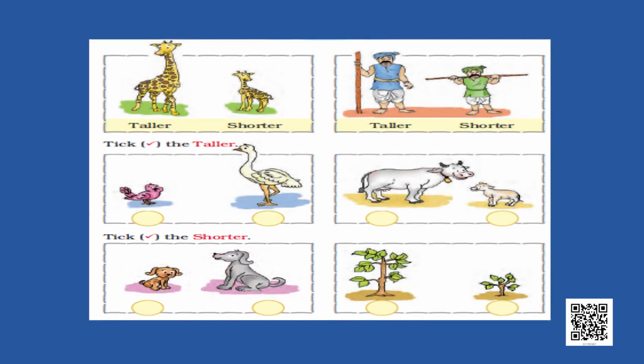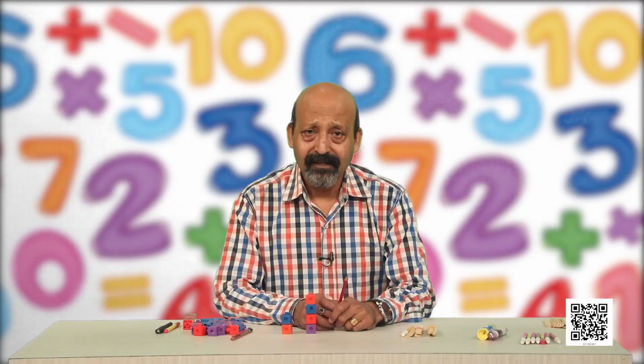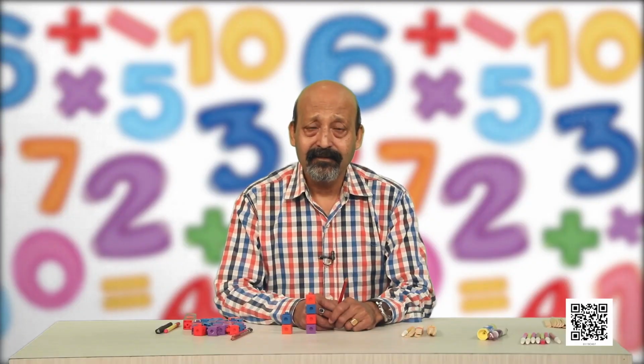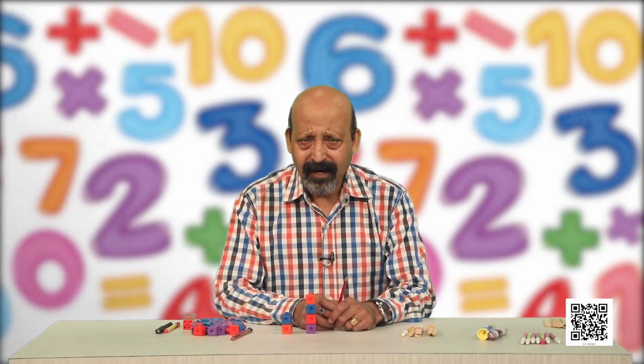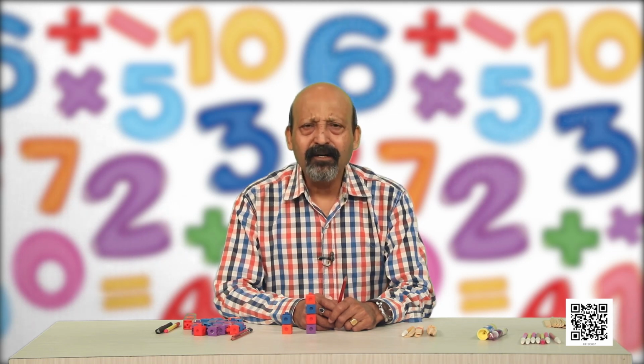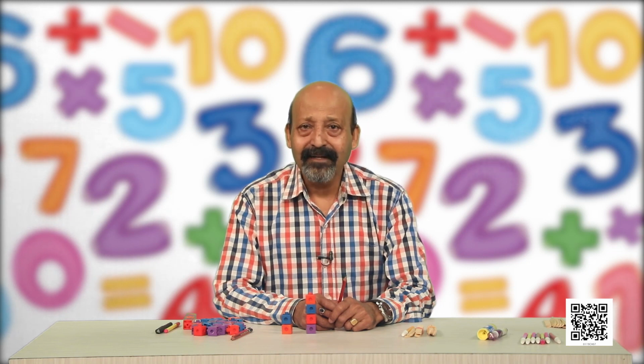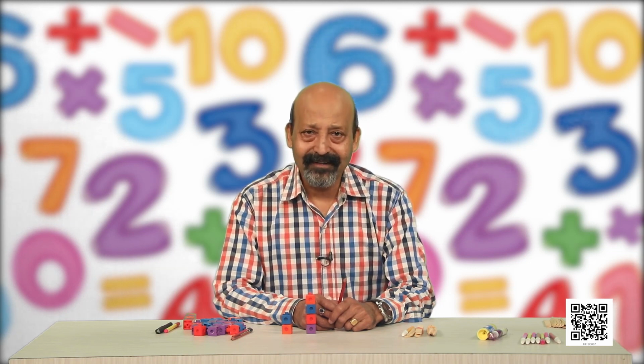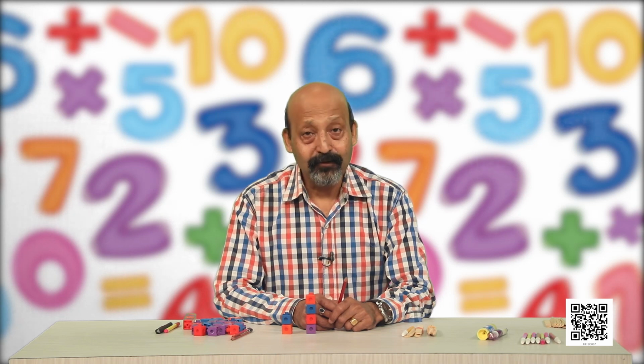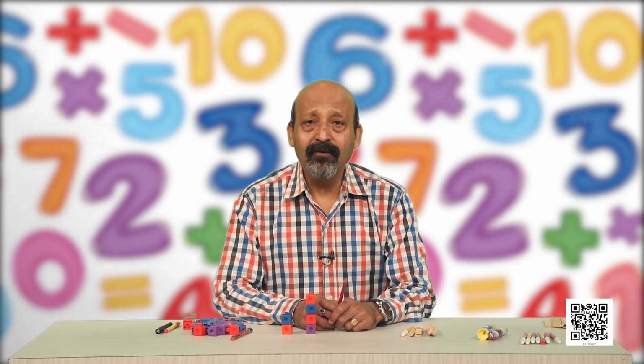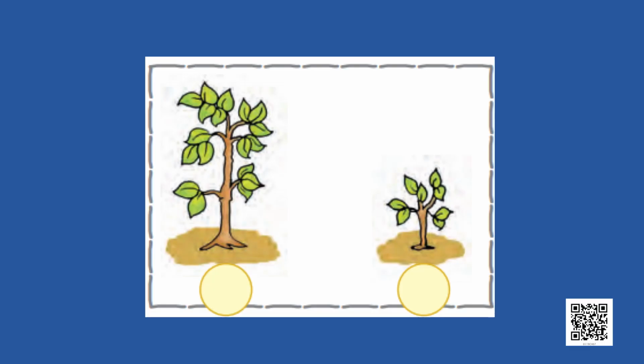If the dog is taller, then tell, how are you saying that the dog is taller than the cat? And have you seen a mouse also? What do you find? Is the mouse taller than the cat or shorter than the cat? Try to find. Yes. And now there are these two trees.